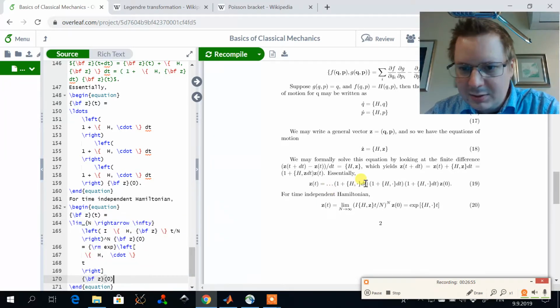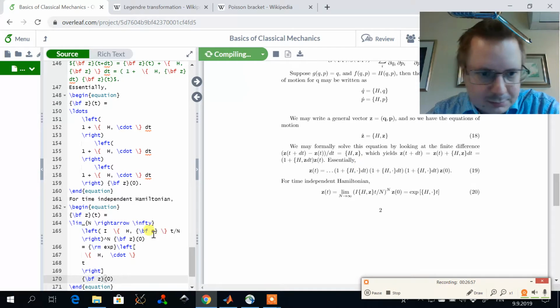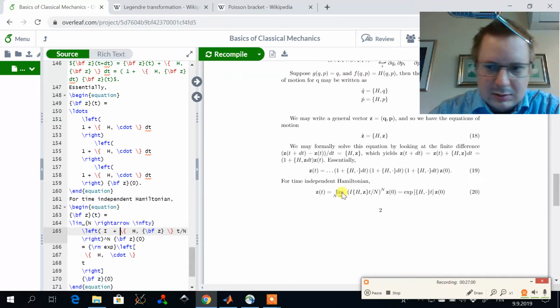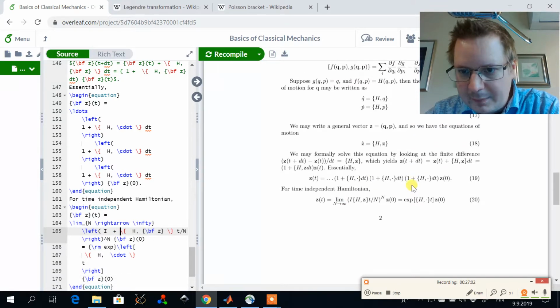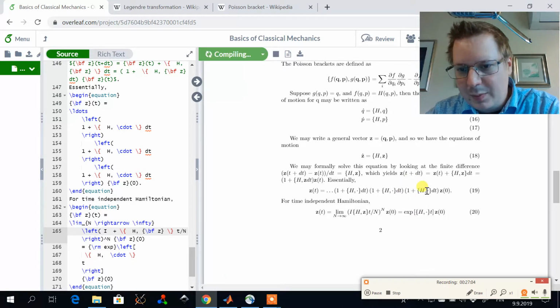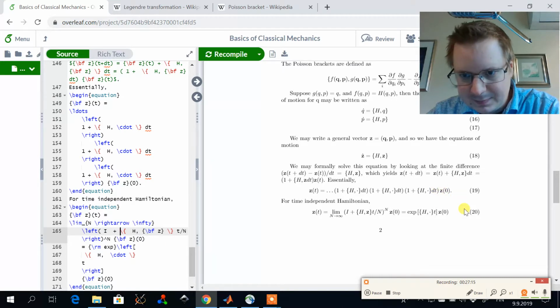Okay, now it starts to look good. So this is the kind of operator which propagates it a little bit forward in time. The central dot here means that it will operate on the function z.